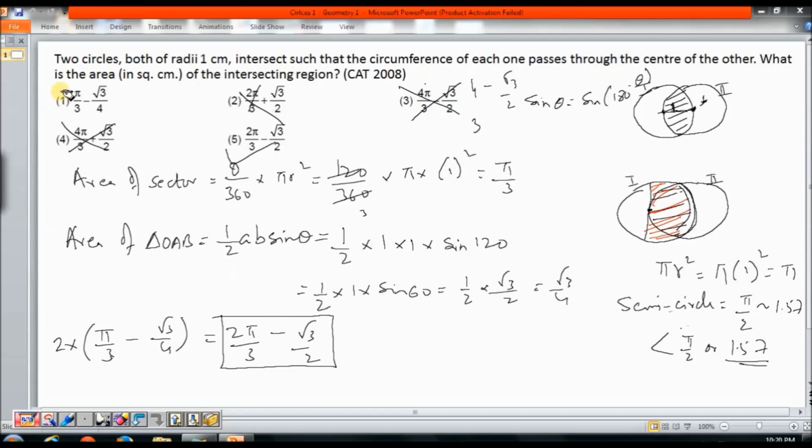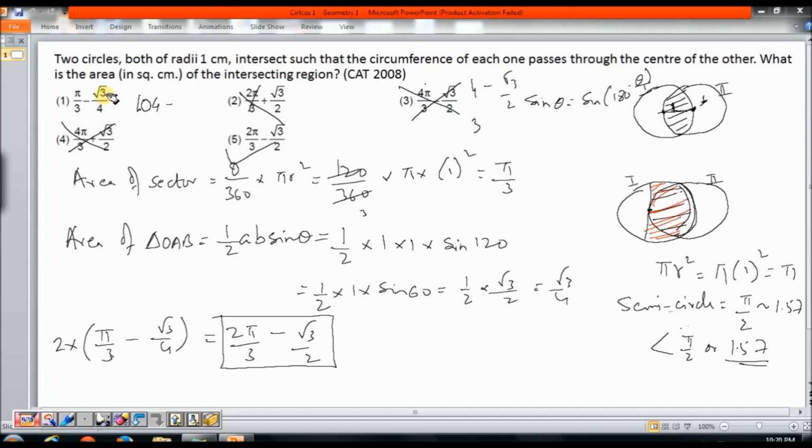So now I am left with only two options. Option number 1 and option number 5. Okay. Now let us look at option number 1. Option number 1 says pi by 3 minus root 3 by 4. So pi by 3, if I take it as 3, it is something like 1. It will be around 1.04, slightly more than 1.